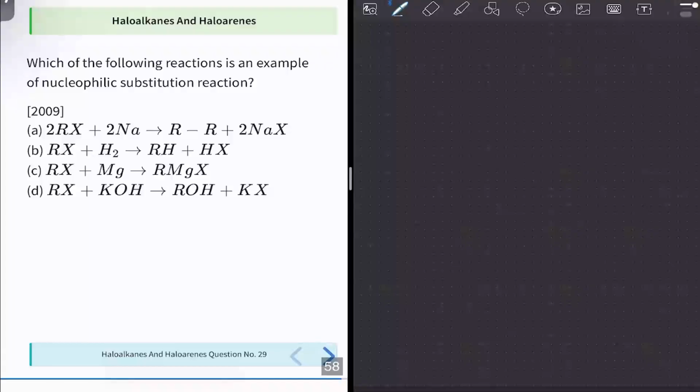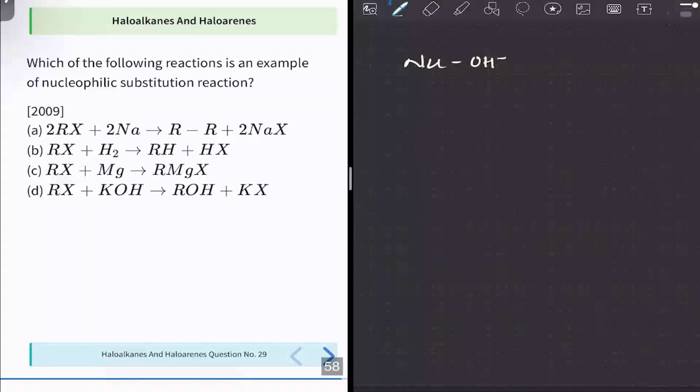It is a nucleophilic substitution reaction. The nucleophile here is OH minus, and it will substitute the halogen present in the RX compound. So option D is the nucleophilic substitution reaction.